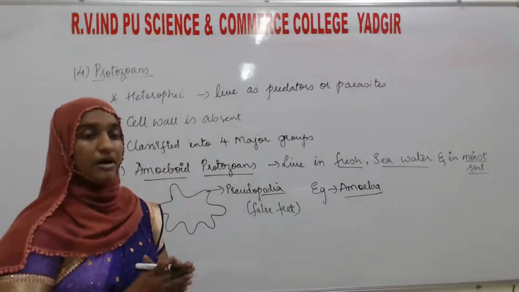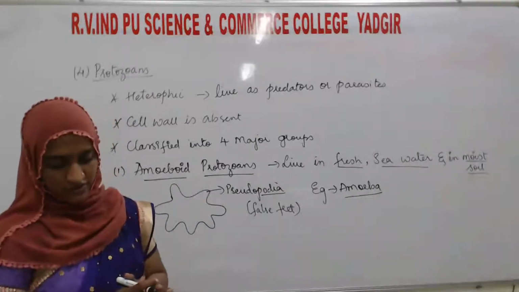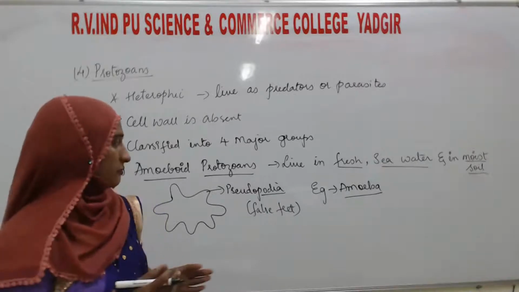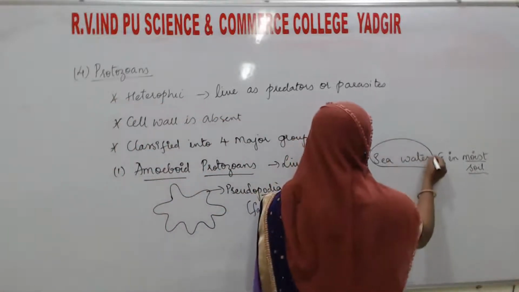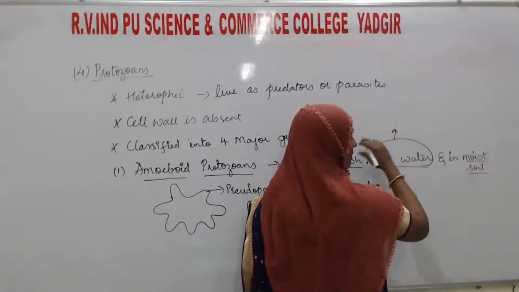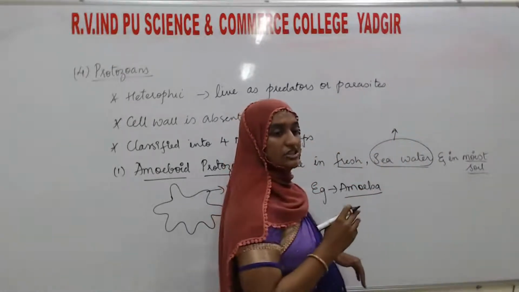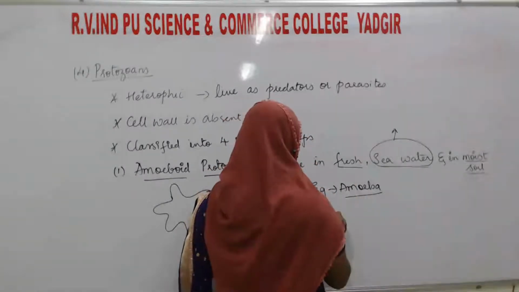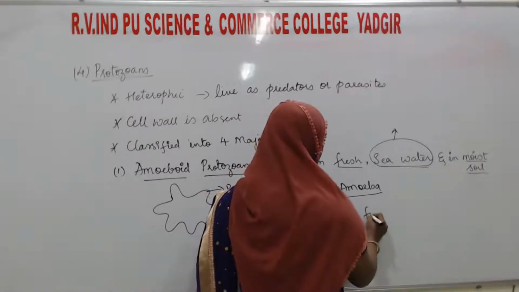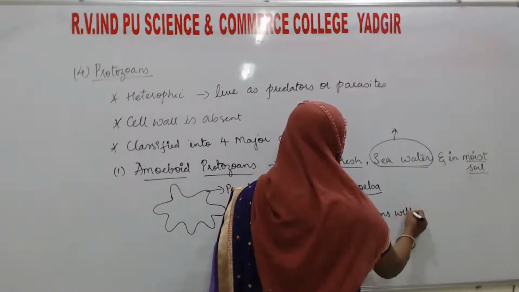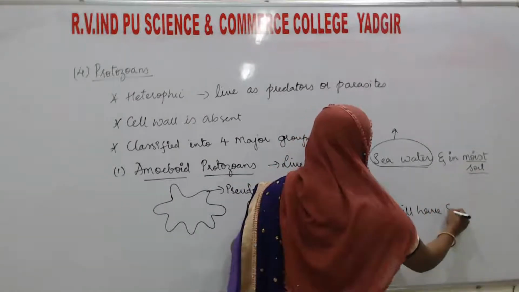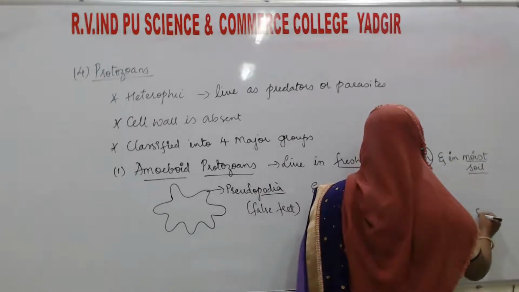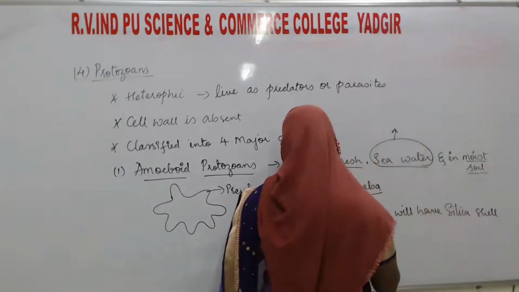The marine forms of amoeboid protozoans, that is, the seawater protozoans, have a shell on their surface, and that shell is made up of silica.